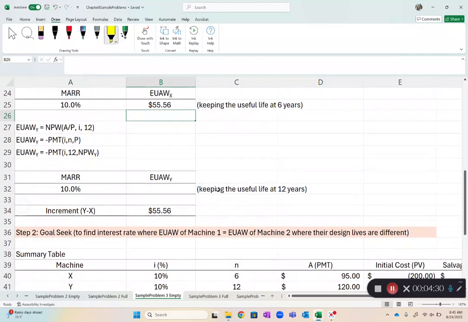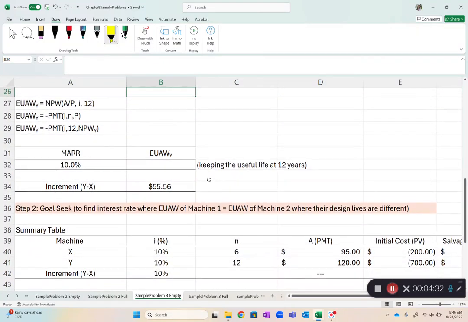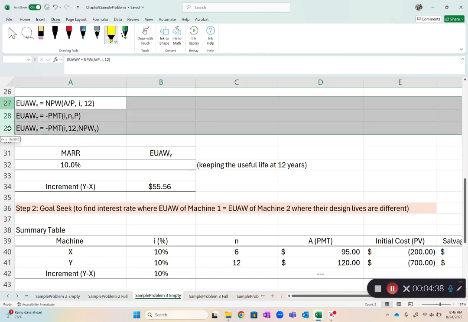Okay, so now let's move on to machine Y. For machine Y, as you can see here, I am just going to take the net present worth we came up with in the previous video, and I'm going to convert that to be an annual value, or an A value.